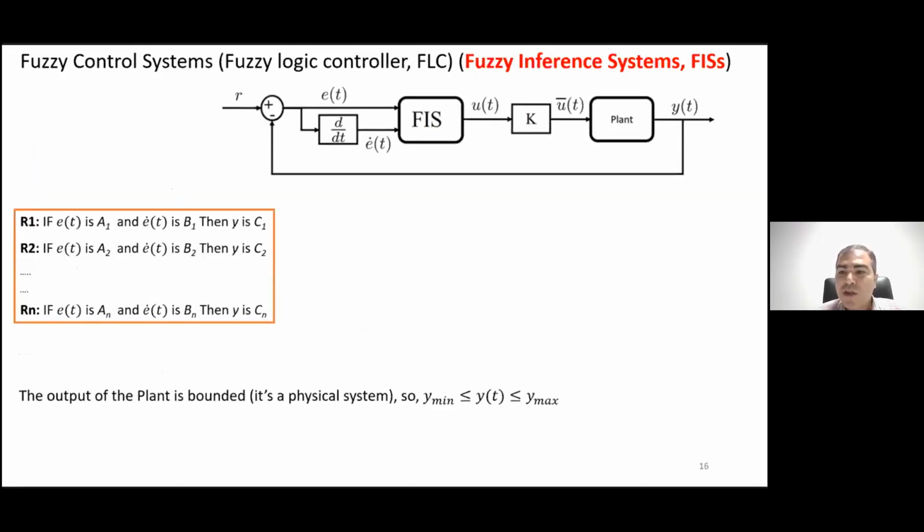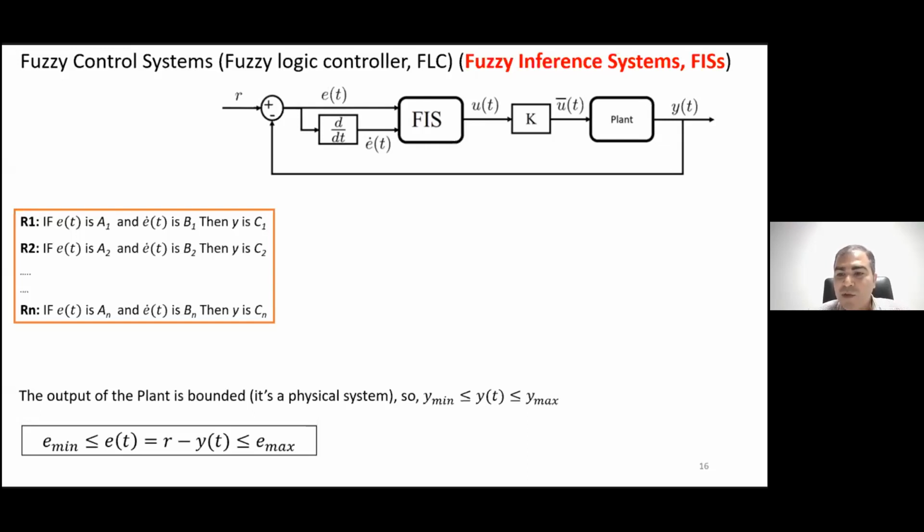So in order to construct the controller, we should first characterize the fuzzy if-then rules. The model of the system is not available, but it is not hard to determine the boundaries of the input and output of the system. Suppose that the minimum and maximum values of the output of the plant are y sub min and y sub max. So the boundaries of the error can also be obtained as E sub min and E sub max.